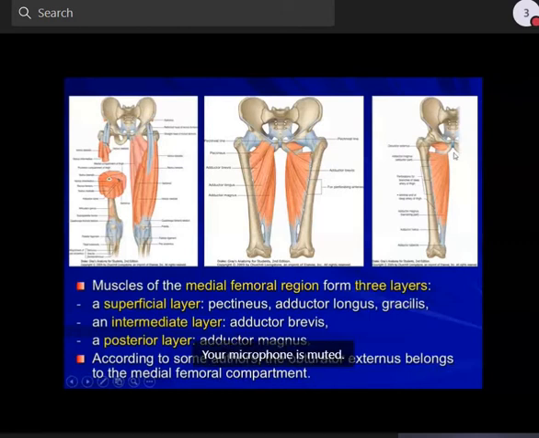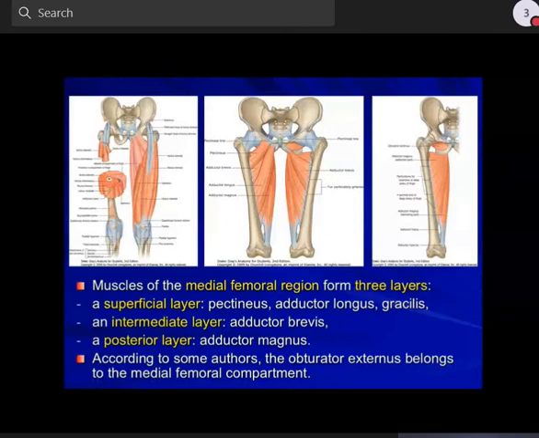Some of its fibers, starting from the ischial tuberosity, pass vertically to the adductor tubercle on the medial condyle of the femur. And so all these vertical fibers form the ischiocondylar part.